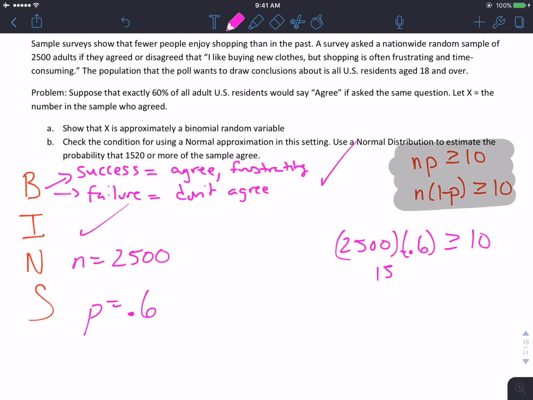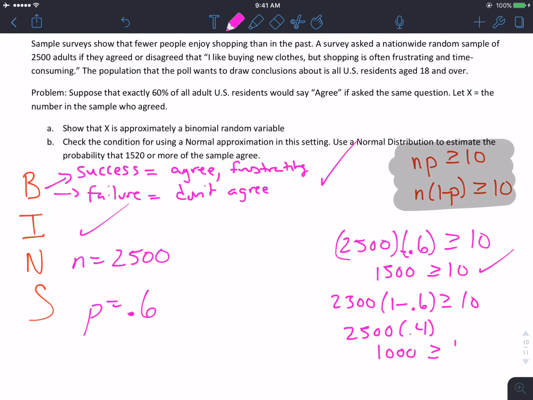It's going to be 1,500, and of course that checks out. And the last one, 2,500 times 1 minus 0.6 needs to be larger than 10. And so that's going to give us 1,000, which is larger than 10. So sure enough, that as well checks out.